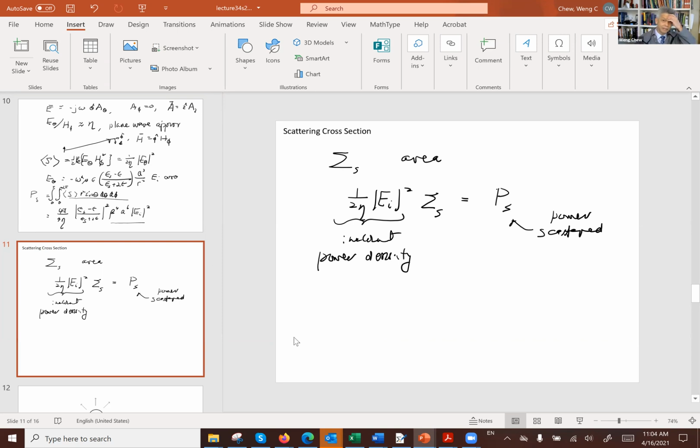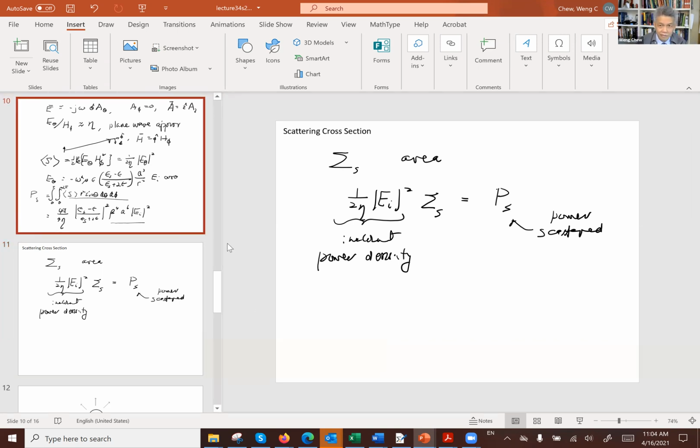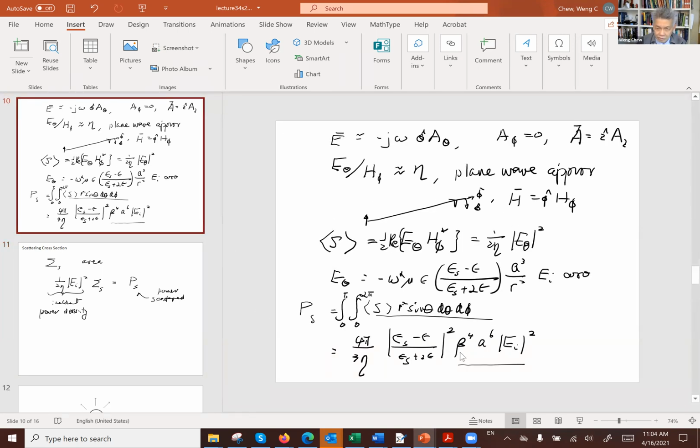But what we know is that the scattering cross-section is proportional to the frequency to the 4th power. What it says is that the higher the frequency, the more the scattering. It is one consequence of this analysis. So this is actually omega to the 4th power, if you want to look at this.